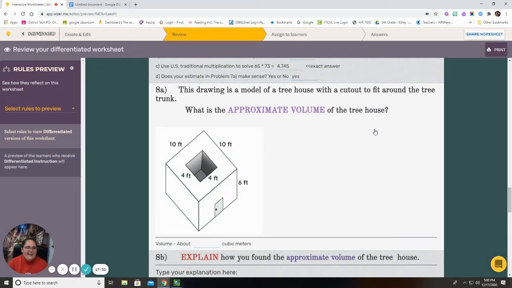All right, 8A. It says, this drawing is a model of a tree house with a cutout to fit around the tree trunk. What is the approximate volume of the tree house?